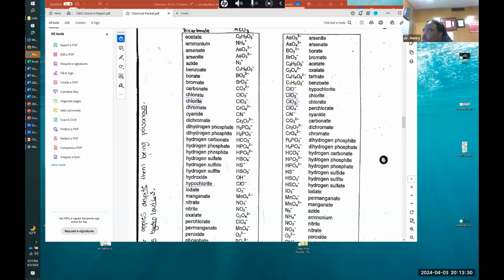And if we have one oxygen more than chlorate, we call it perchlorate. Per is short for hyper, right? Do you guys know what hyper means? When you're hyper, you're off the walls, you're too much. So perchlorate means that you have one oxygen more than chlorate.